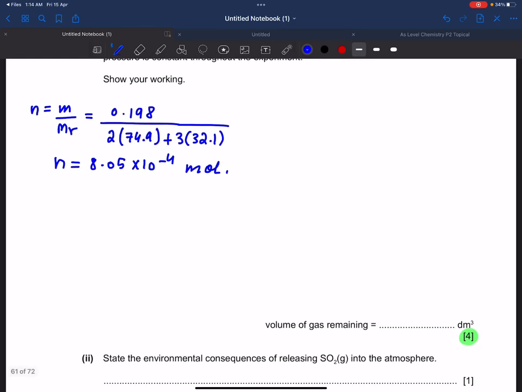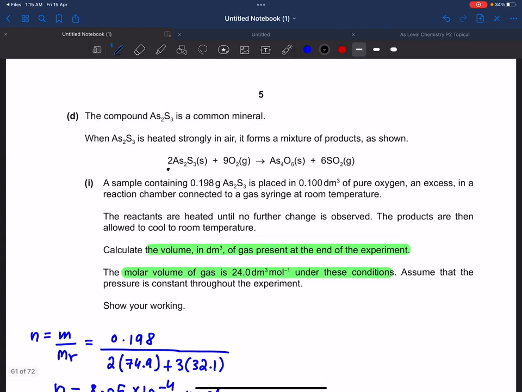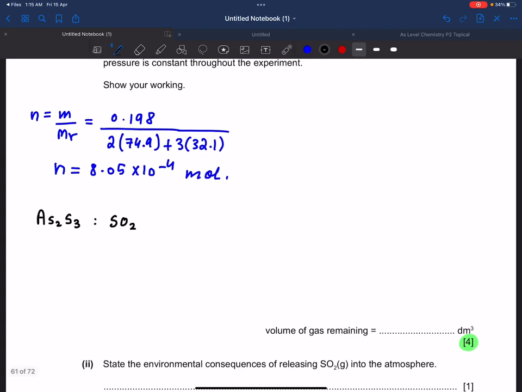Next, now what you're going to do is the ratio of As2S3 to the ratio of SO2. What is the ratio? 2:6, so 1:3. If this is 8.05 times 10 to the power minus 4, and that is x, you cross multiply.